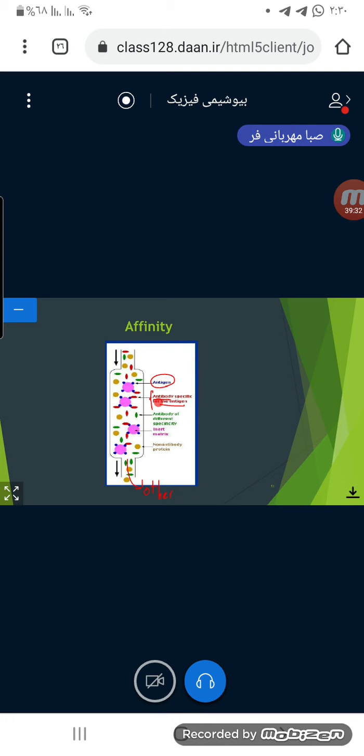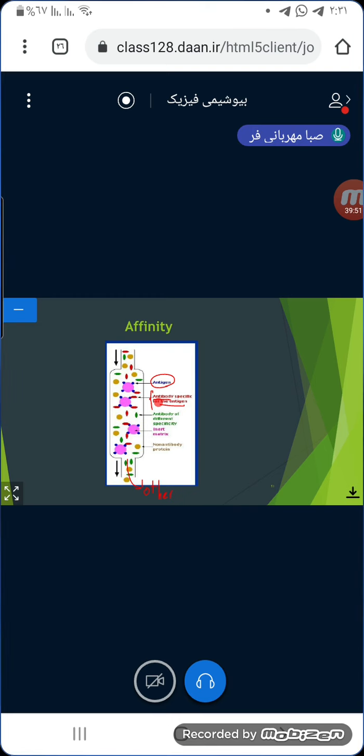And antibody and antigen are complementary to each other. Antibody and antigen attract each other. Do you understand it? It was the last slide.